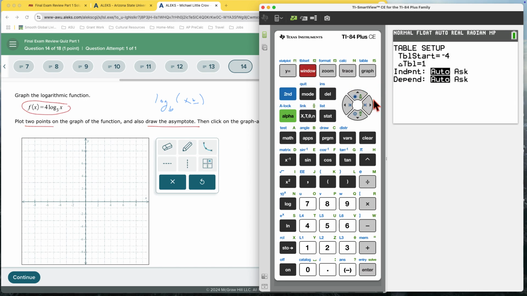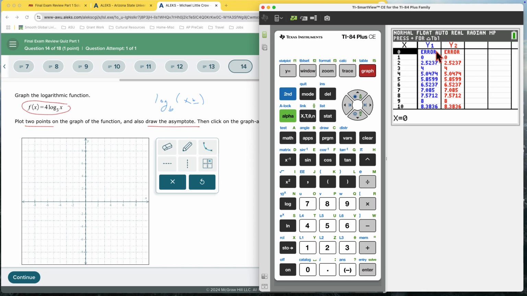Table set auto. Okay, I'll go to 0. Now when I go to the table, there, that's what I was looking for. If I go backwards, I get errors, right? Because you've got negatives or zeros, you can't put those in. But if you put in 1, you get 0. And notice both of these give us the same value.